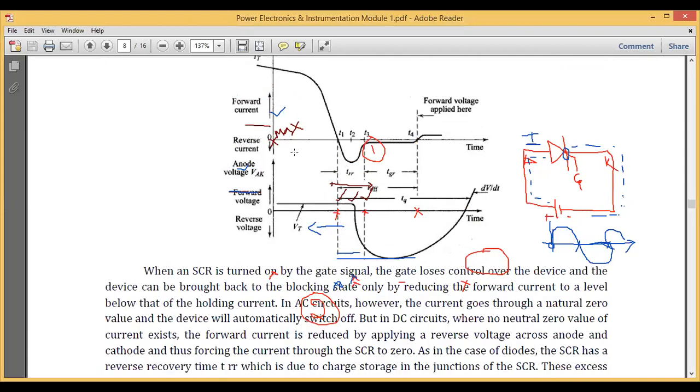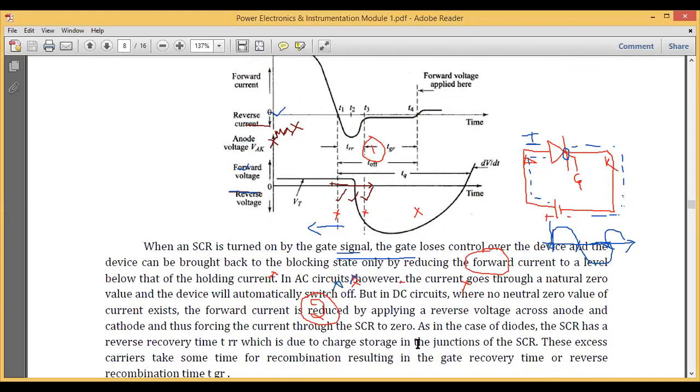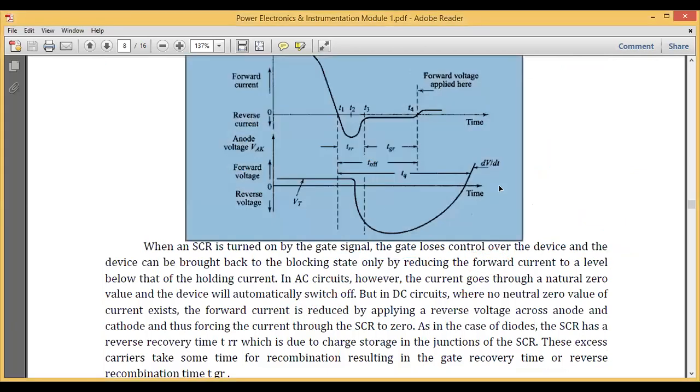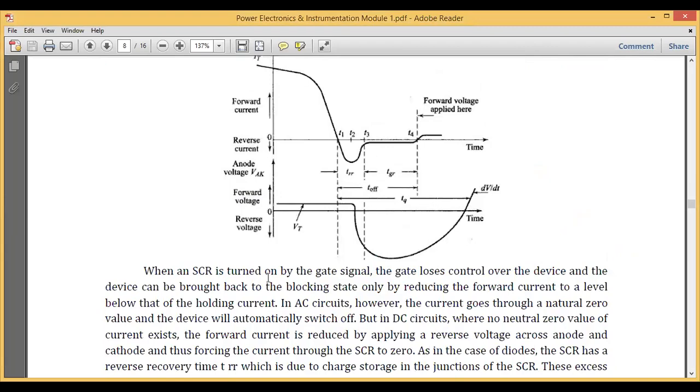So here some things are written in points. Let us go through these points. It says that when an SCR is turned on by the gate signal, we always consider that whenever we apply the gate voltage, your SCR will turn on. But once it is turned on, it loses its control.